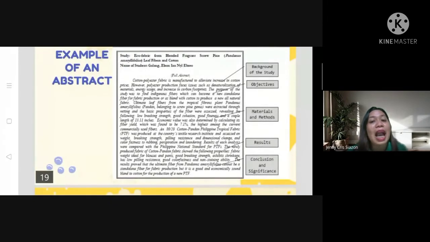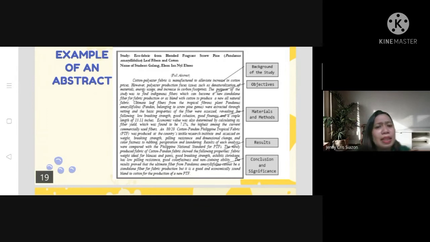For example, I have here a full abstract of the study entitled Eco Fabric from blended fragrant screw pine, Pandanus amaryllifolius, leaf fibers, and cotton. Okay?